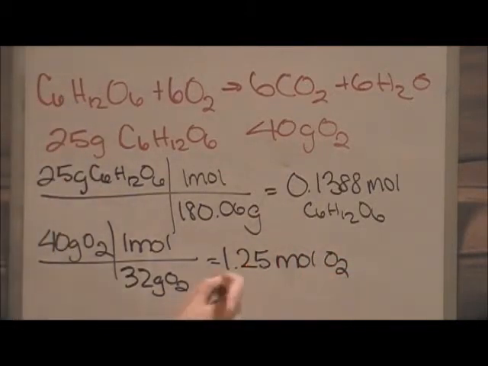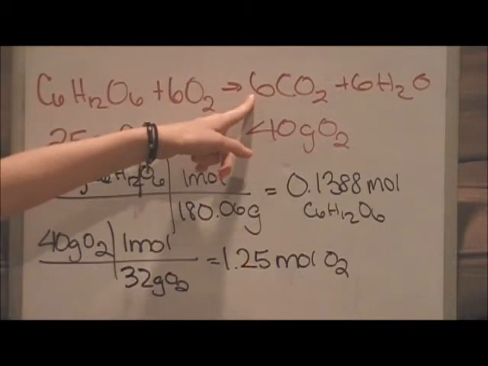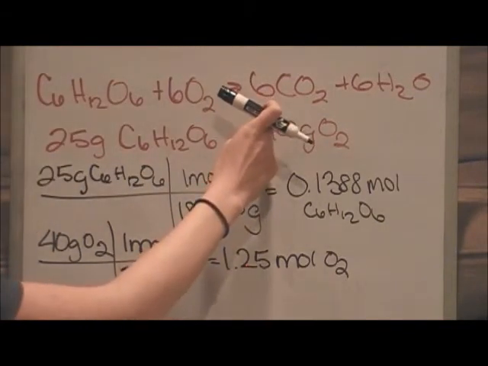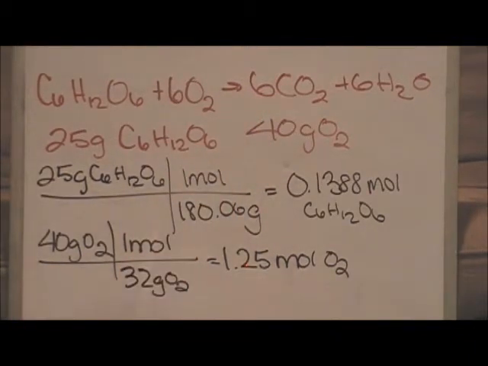Now we're going to take our moles and convert them to one of the compounds. I'm going to pick CO2 on the product side, using the numbers in front of the compounds in our balanced equation.